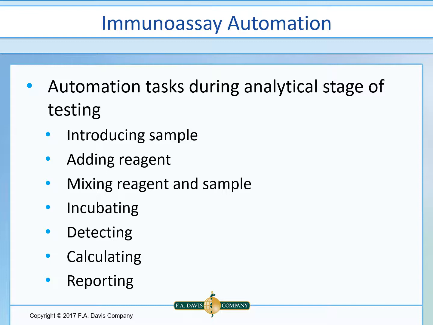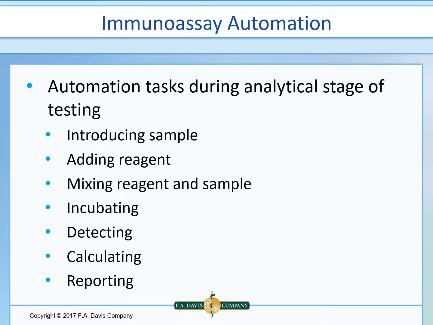These are, again, some concepts we discussed in general lab principles, but there are various stages and tasks within the analytical stage of immunoassay automation. The tasks include introducing a sample, adding reagent, mixing the reagent and sample, incubation, detecting, calculating, and reporting the readout or results.